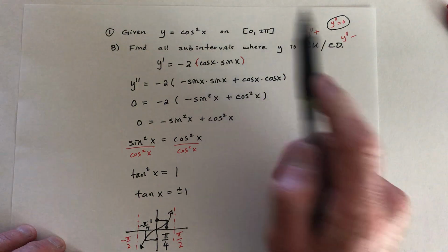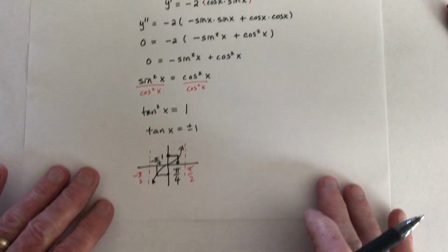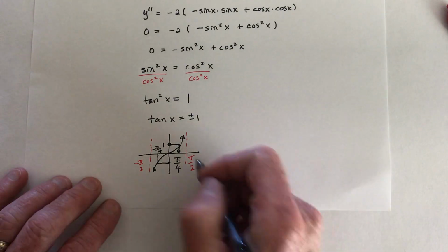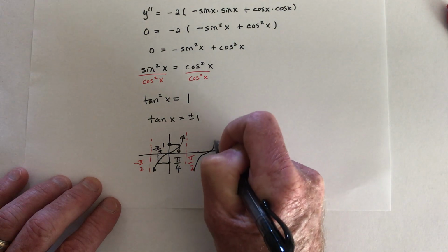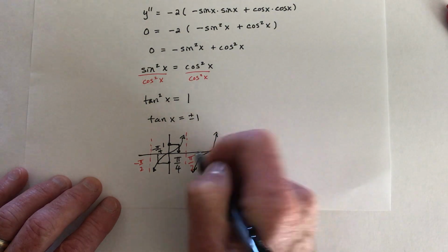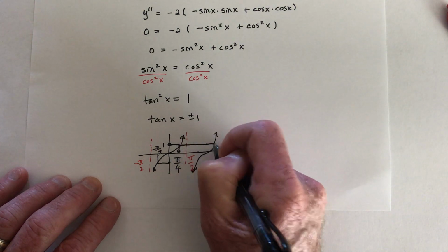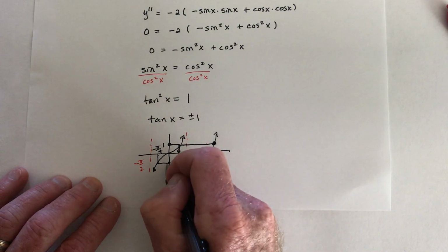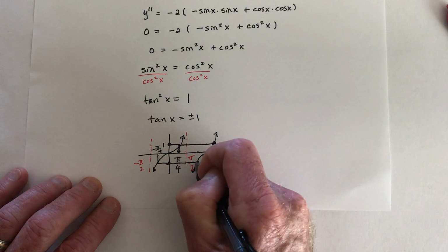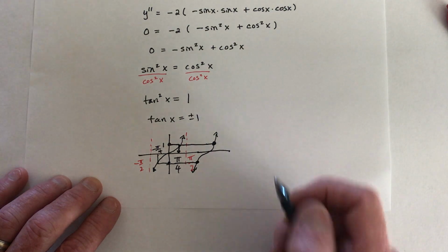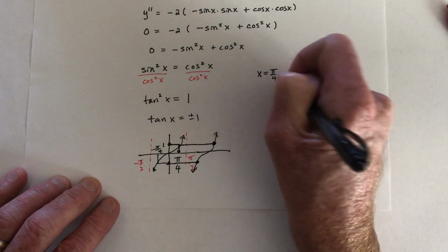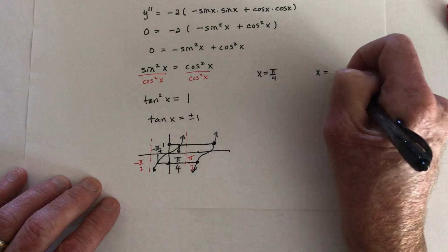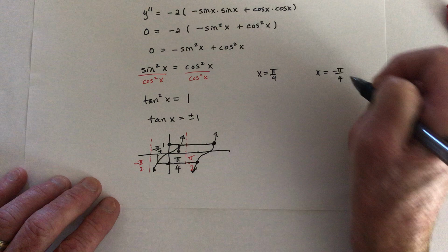So negative pi over 4 isn't one of the answers, but what I can do is extend this graph out, draw another branch of the tangent function, and if you continue across, there's going to be another answer right here, and if you continue across, there's going to be another answer right here. So at first I got x equals pi over 4, and I also got x equals negative pi over 4.